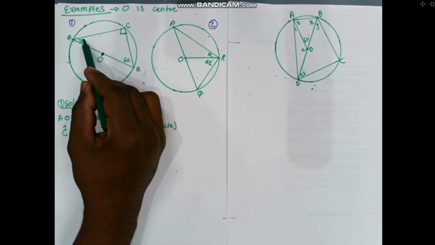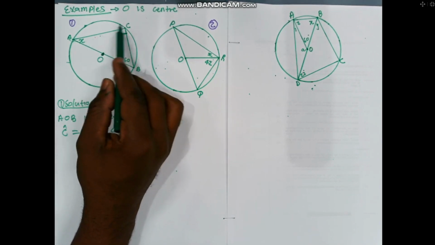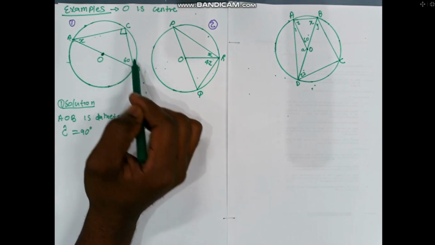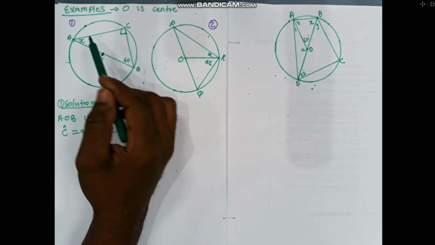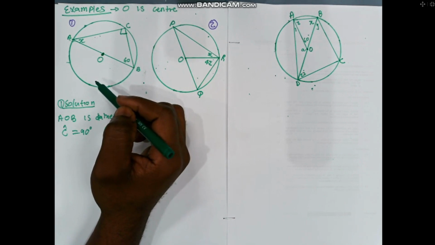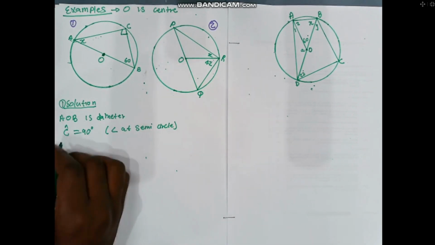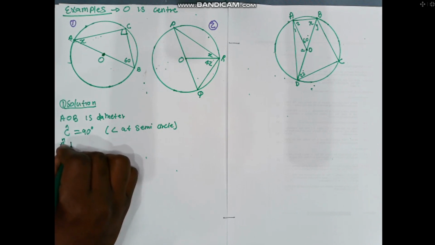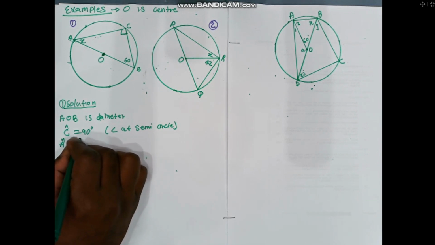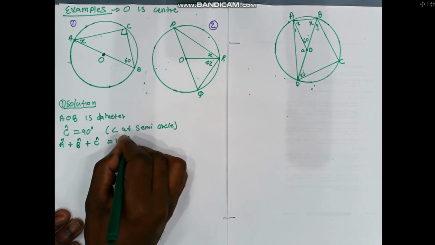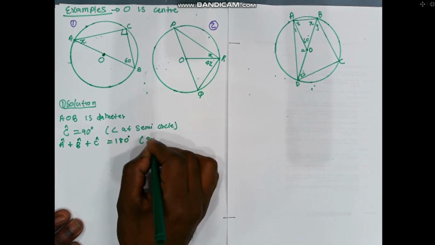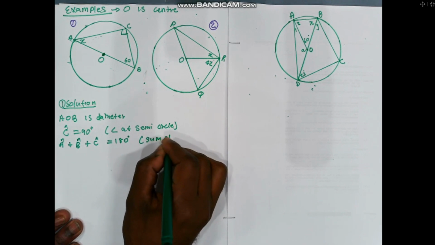So now if this is 90 degrees, I do have this angle. Obviously the question was to calculate x. Now this is a triangle. Angles in a triangle add up to 180. Now I can find x. So angle A plus angle B plus angle C all equal 180, sum of the angles of a triangle.